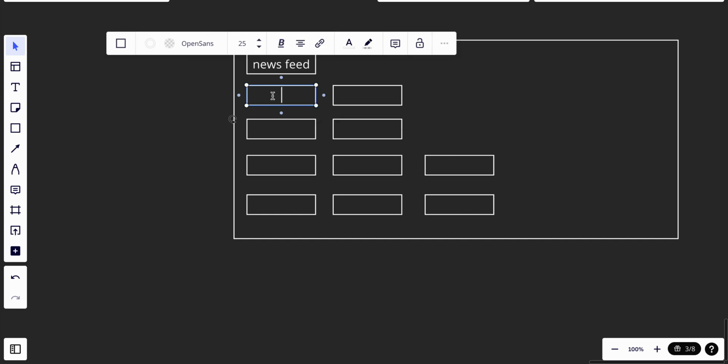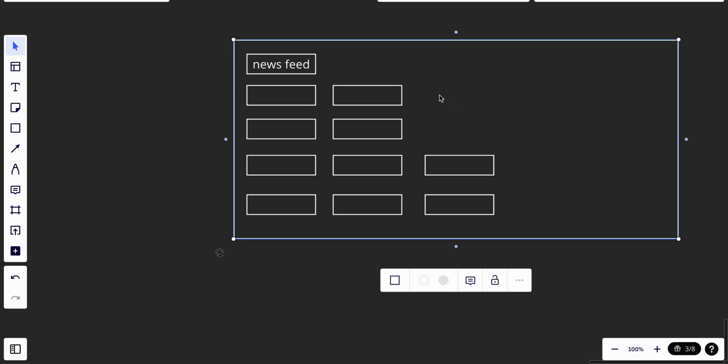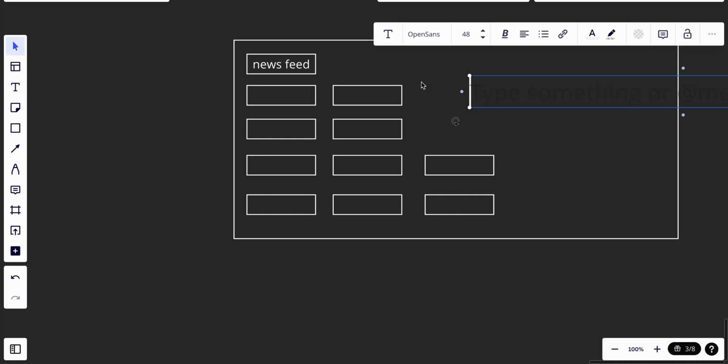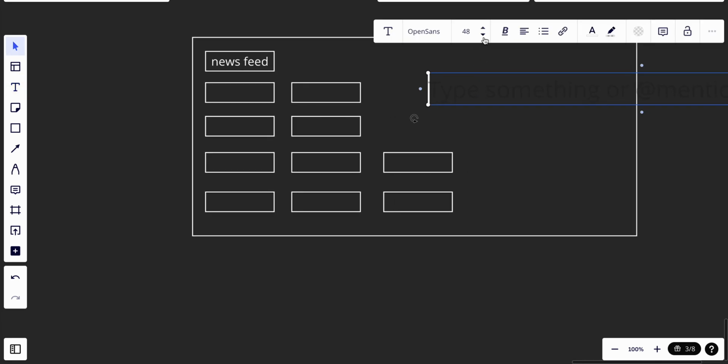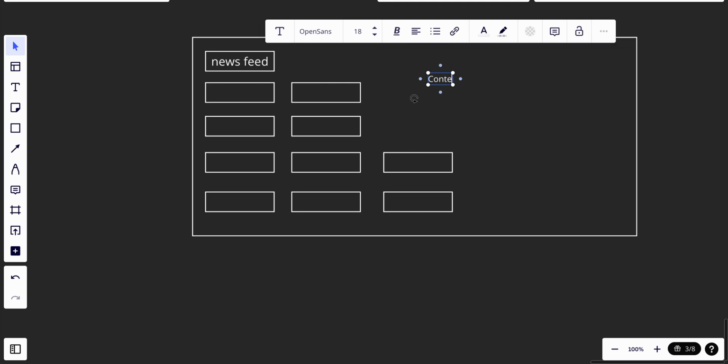And the other thing that we have, maybe we have here something called the content cache. Let's just add this one. I just want it to be super small. Content cache.